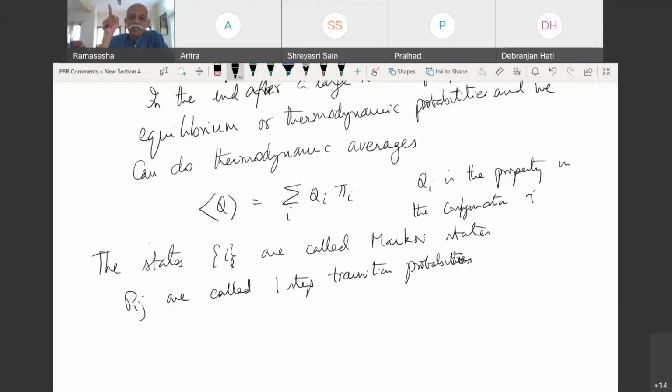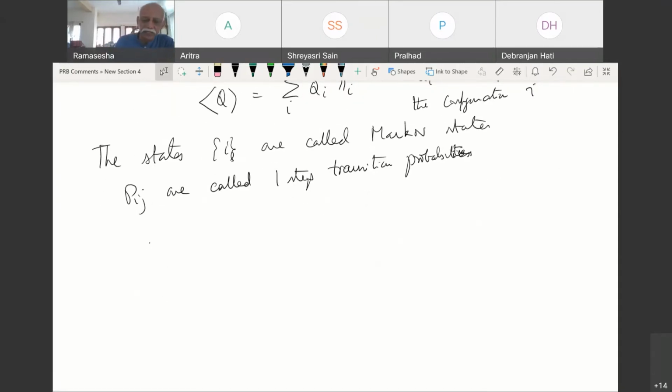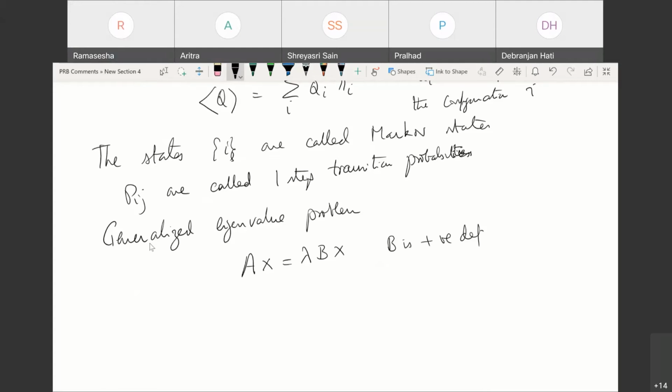There's one aspect I have not covered, which probably I should have covered, but it was a bit time consuming, so I did not cover it. It is called the generalized eigenvalue problem, where A x equals lambda times B x, B is positive, and A and B are Hermitian. This is the problem that you are most of the time solving in quantum mechanics.